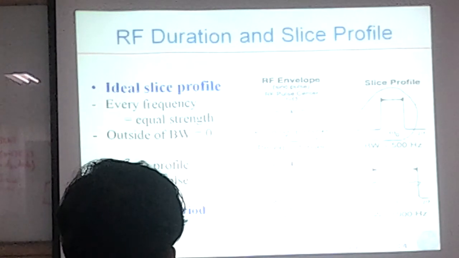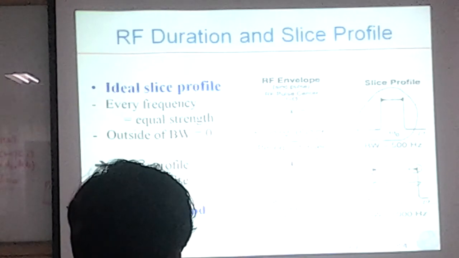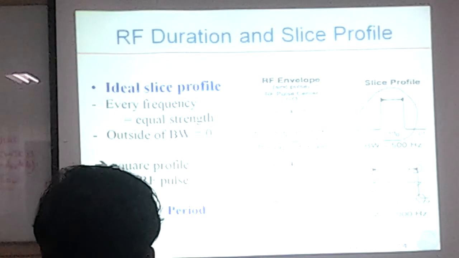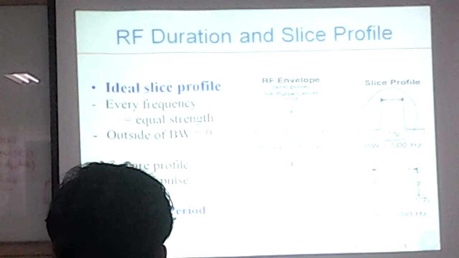Okay? And this ringing effect, I think you are familiar with the Gibbs phenomenon. This comes from the Gibbs phenomenon. So there are ringings here because the RF pulse width is finite.